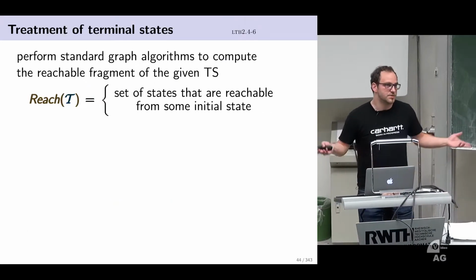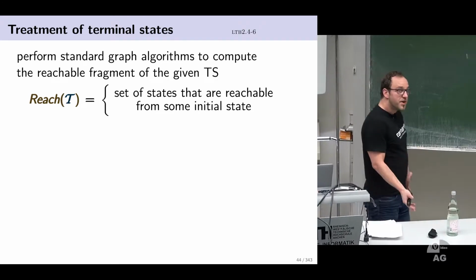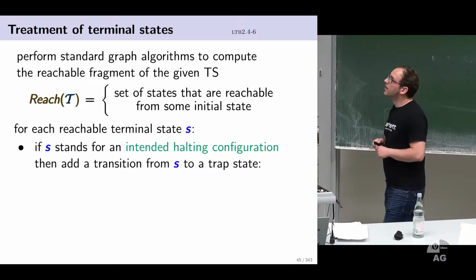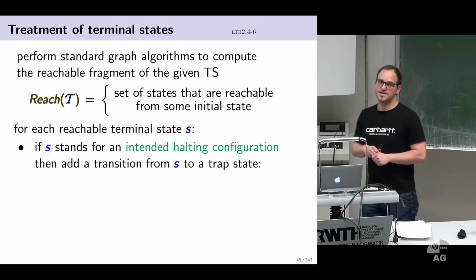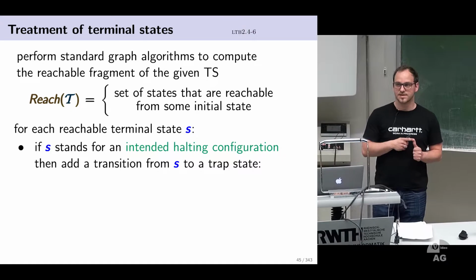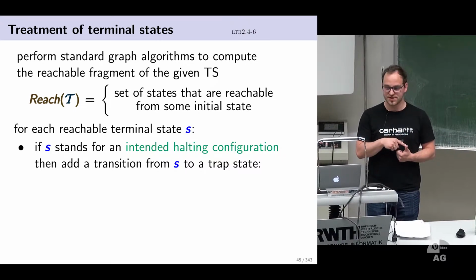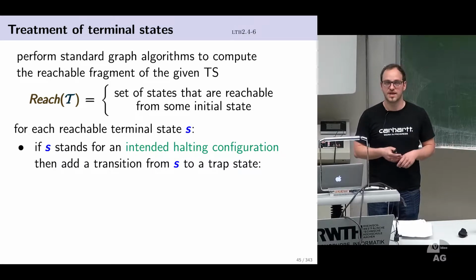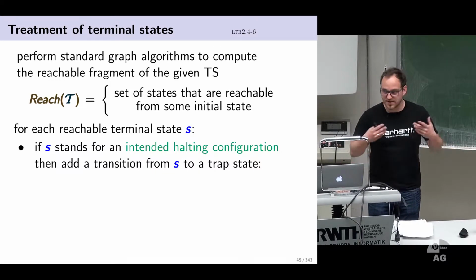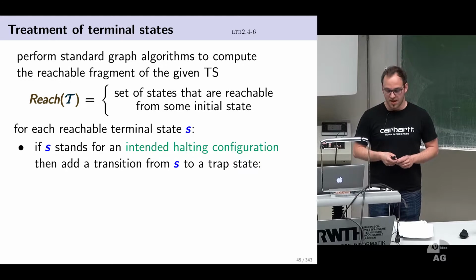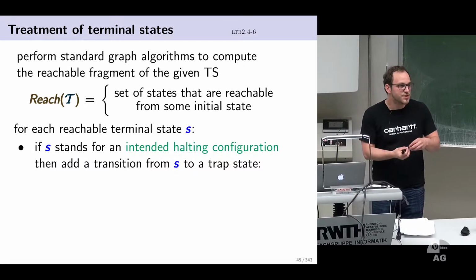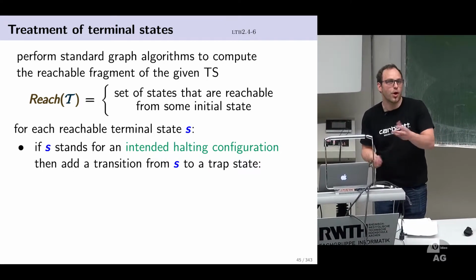And why can we do this? You could say, well, what if my transition system actually has terminal states? What are we going to do about it? Well, there are two cases. One case is that the terminal state in your transition system represents some kind of intended halting configuration. Say you have a program graph and you translate that into a transition system, and your program terminates at some point. It's fine for it not to be possible to go on then.